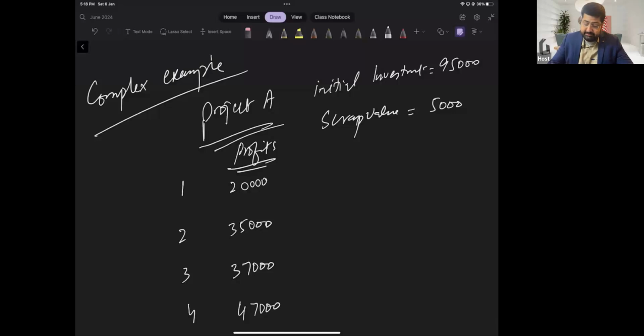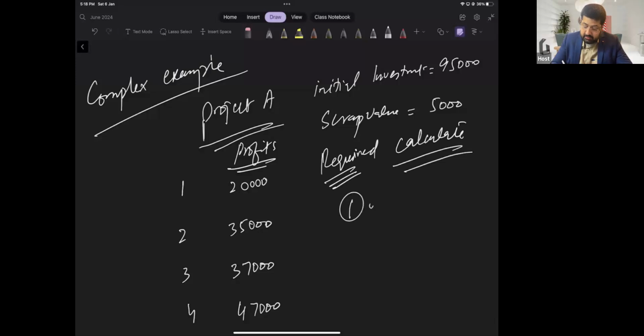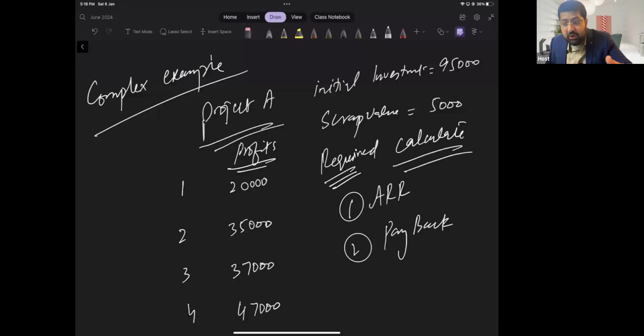What is required? Calculate ARR and payback, both of the project. First of all, you will calculate ARR and tell me the answer. Be quick.